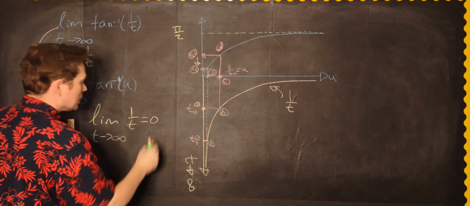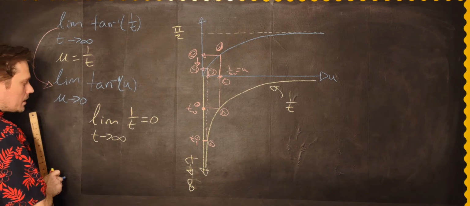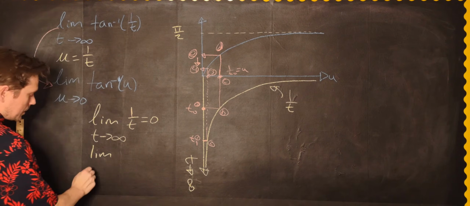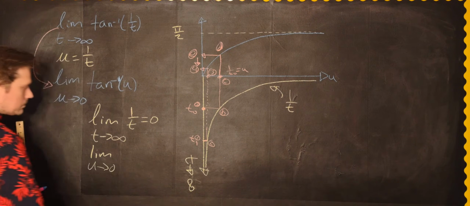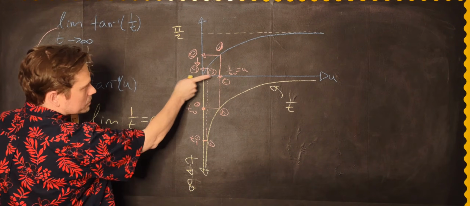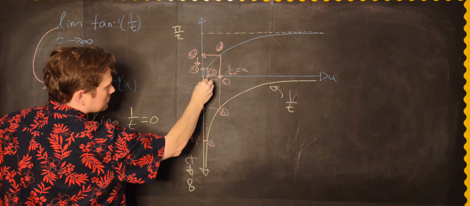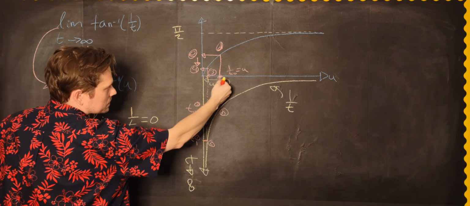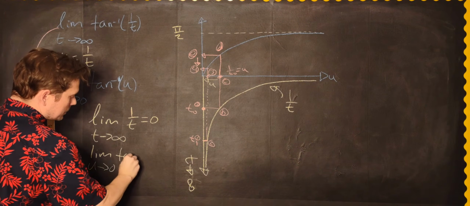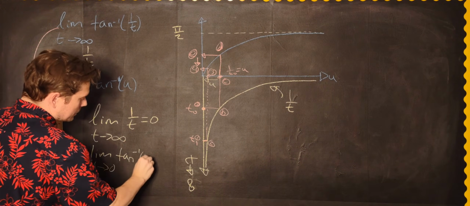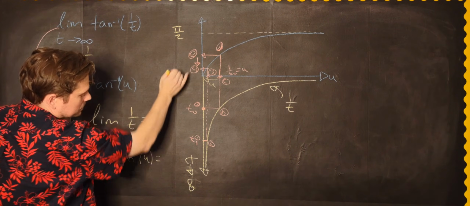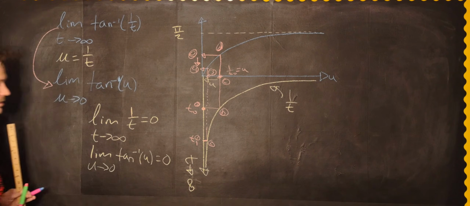And then, take a look. You can say the limit as u goes to 0, remember, 1 over t produces your u values right here. So u is going towards 0 right here. The limit as u goes to 0 of tangent inverse of u: these values along this axis are going towards 0 also, so this is ultimately equal to 0.